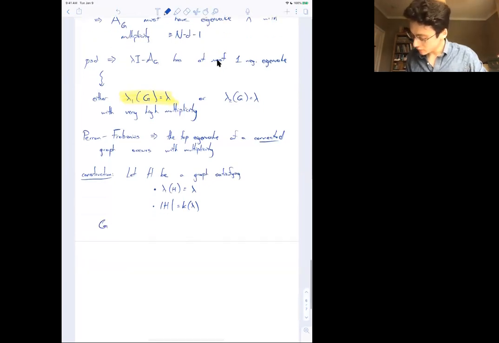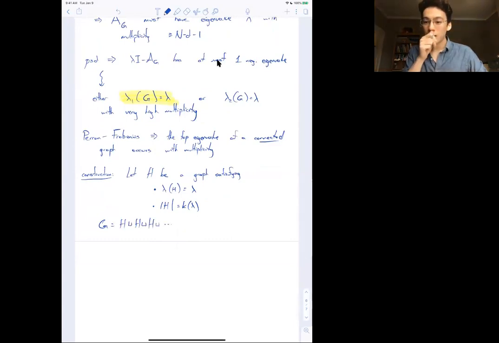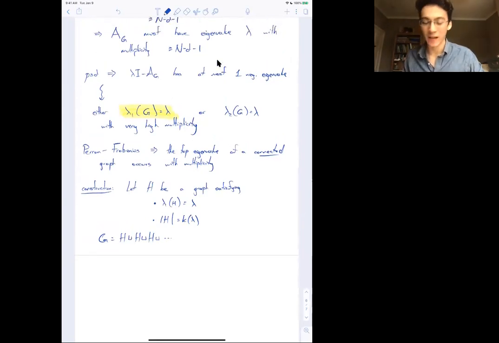And then we define our graph G to be as many disjoint copies of H as we can fit together. It's not too hard to see that this is the best possible construction of a graph with top eigenvalue lambda and high multiplicity. You just take the smallest possible graph with top eigenvalue lambda, and then you take a bunch of copies of it. If you do this computation correctly, you'll see that this gives exactly the bound I claimed, with k lambda over k lambda minus 1.